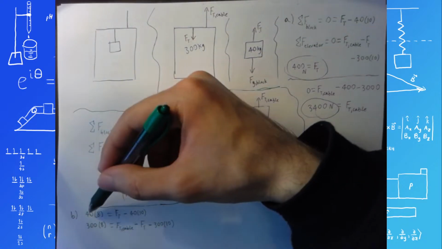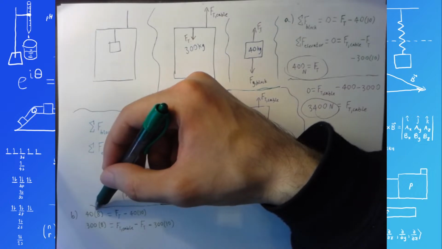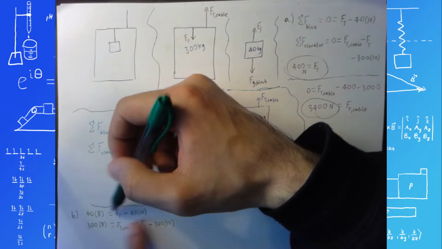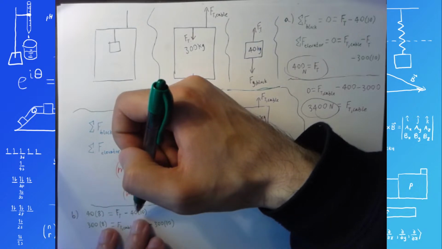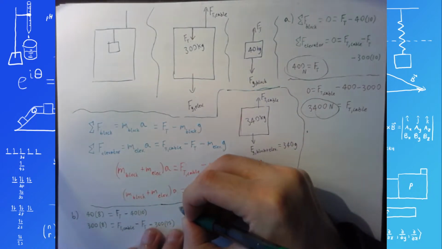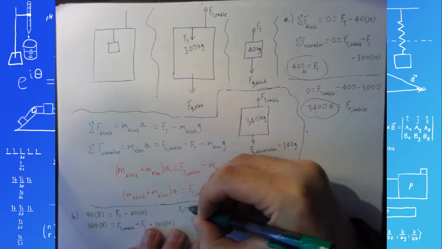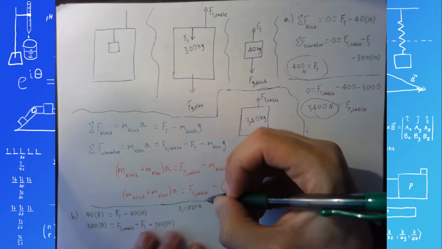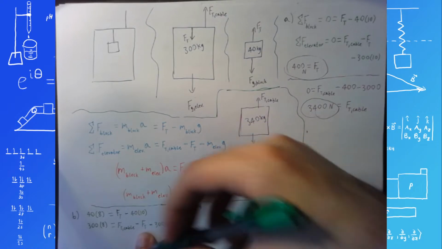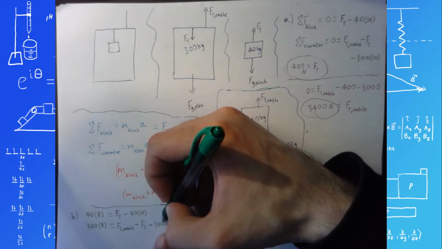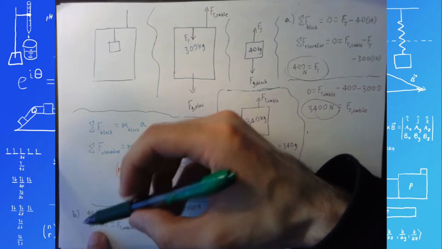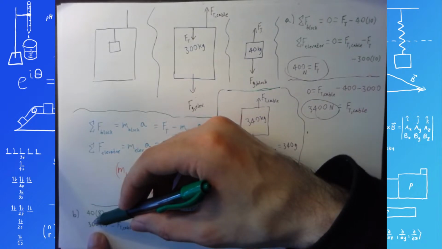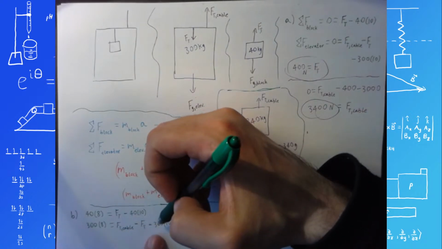Okay, 40 times 8 is 320, and then add 400 to both sides. 320 plus 400 would be 720, so force of tension equals 720 newtons. And then if I plug that in here, then I've got minus 720 and minus 3,000 is minus 3,720. And over here we'd have 2,400, so 2,400 plus 3,720.